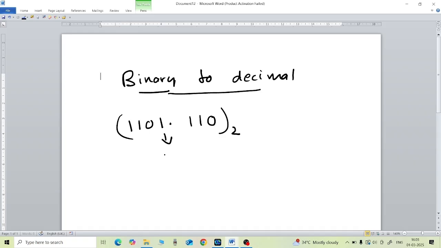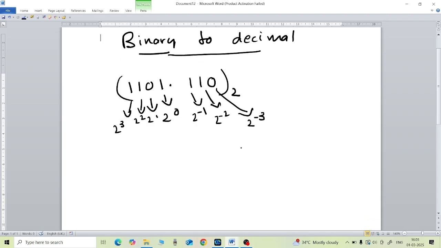This position 2 raised to 0, this position 2 raised to 1, this position 2 raised to 2, this position 2 raised to 3, and this position has a weight 2 raised to minus 1. Remember, it is the other side of the decimal point, and this is 2 raised to minus 2, and this 0 has a weight of 2 raised to minus 3.